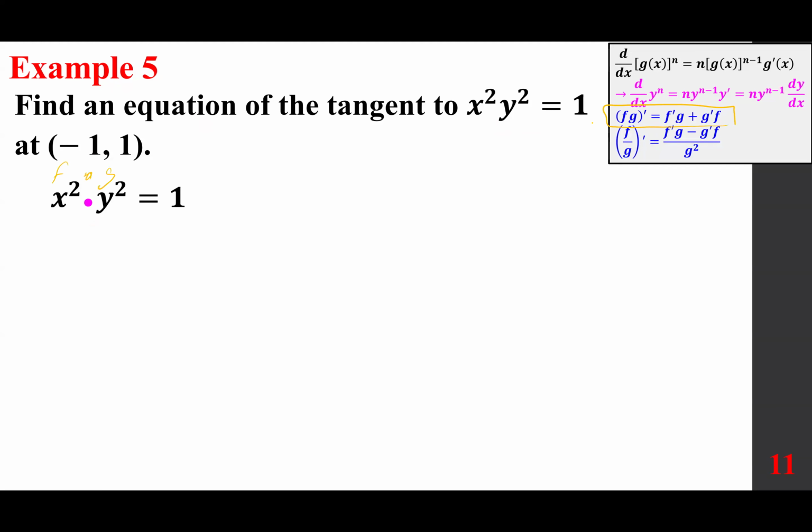The product rule is used. f prime g plus g prime f. f prime is 2x times g, which is y squared, and g prime, y squared, extended power rule, 2y y prime times x squared, and the right side is a number, 0.